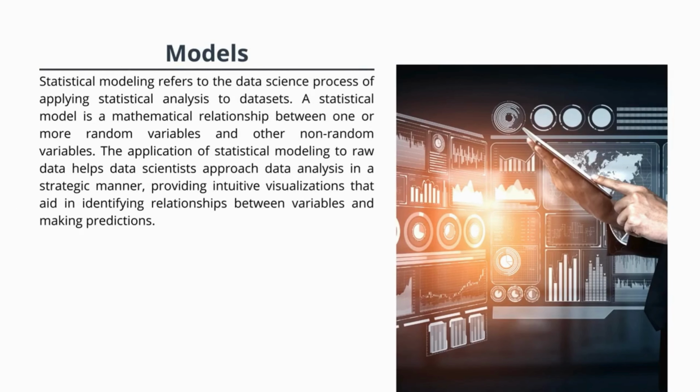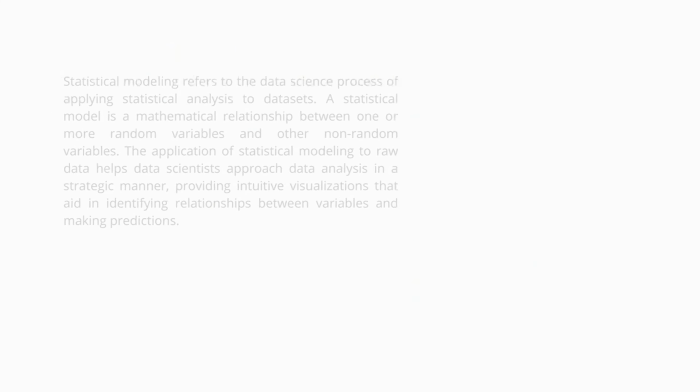Models. Statistical modeling refers to the data science process of applying statistical analysis to datasets. A statistical model is a mathematical relationship between one or more random variables and other non-random variables. The application of statistical modeling to raw data helps data scientists approach data analysis in a strategic manner, providing intuitive visualizations that aid in identifying relationships between variables and making predictions.